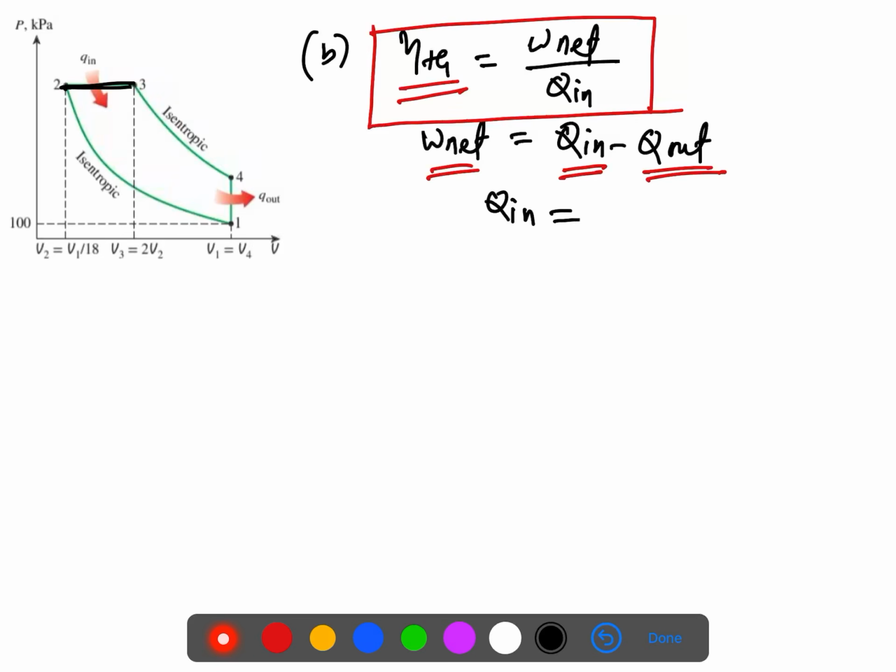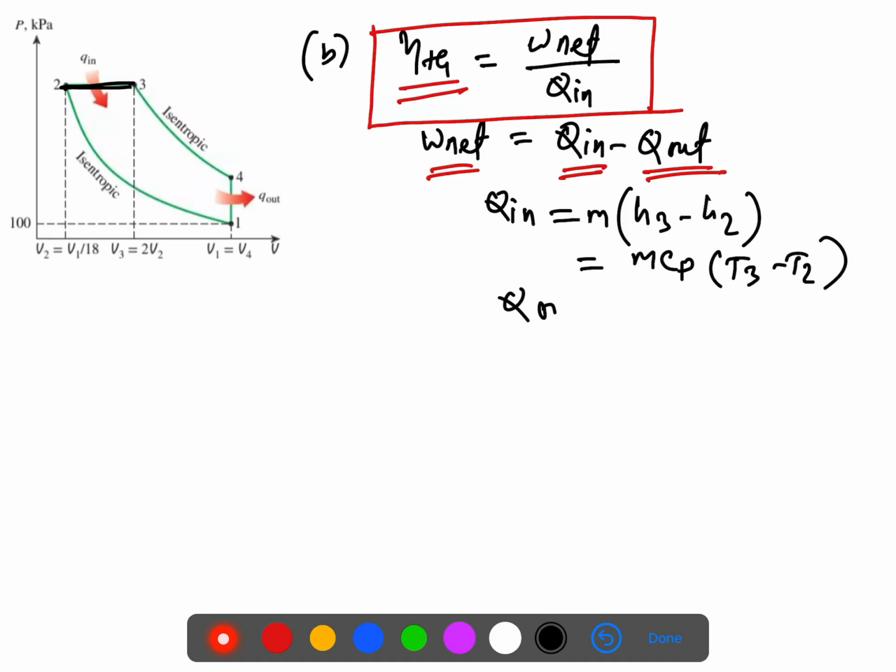Usually when we solved other problems, we wrote it as H3 minus H2, but that was for unit mass. In this question, it didn't mention whether unit mass or not, so we actually need the mass. So m times H3 minus H2, or if we convert it, we can write it as the mass, the specific heat Cp, and T3 minus T2. I'm not going to derive this equation here again.